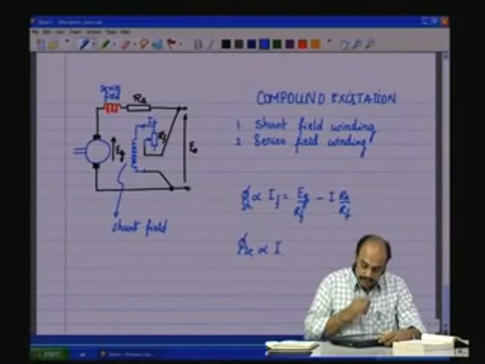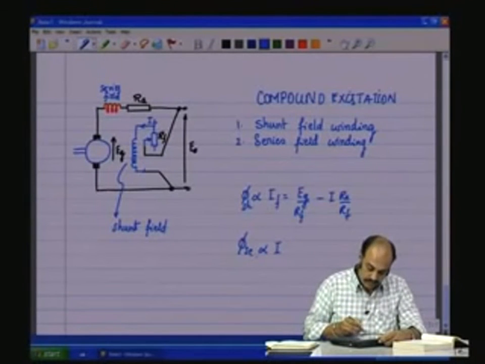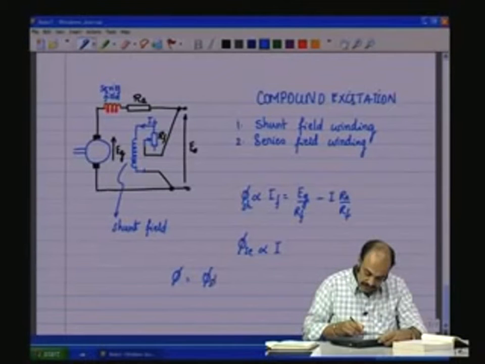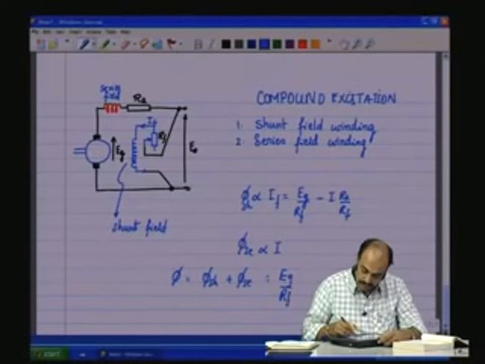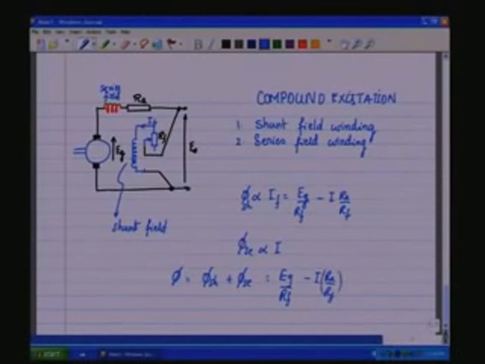So, the effective flux will be phi shunt plus phi series vectorially, which would be EG by RF minus I RA by RF plus phi series, which is a function of the load current.